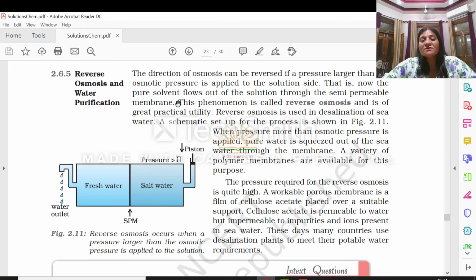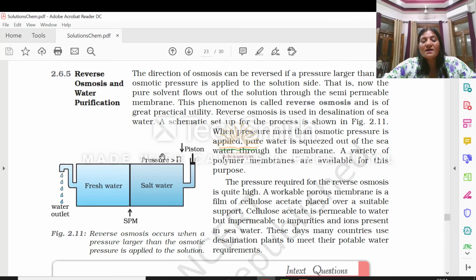The direction of osmosis can be reversed if a pressure larger than the osmotic pressure is applied to the solution side. That is, now the pure solvent flows out of the solution through the semi-permeable membrane. This phenomenon is called reverse osmosis.